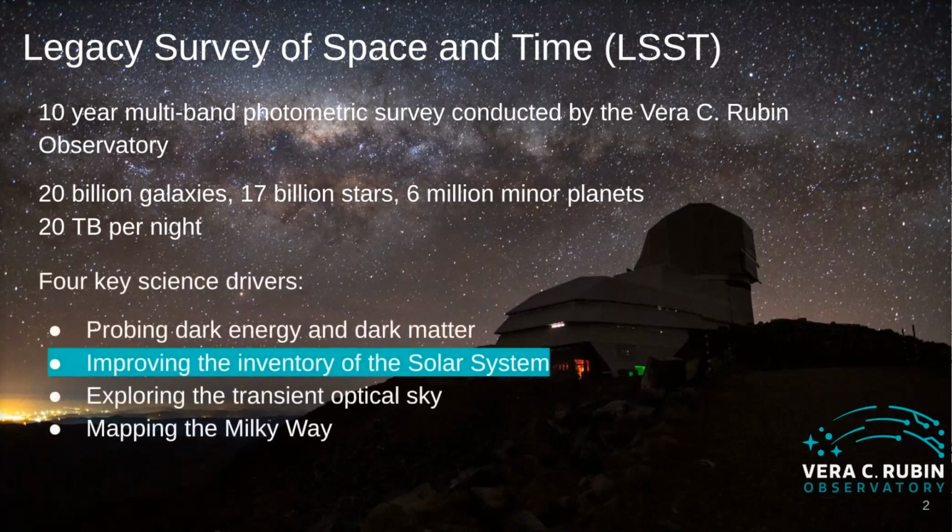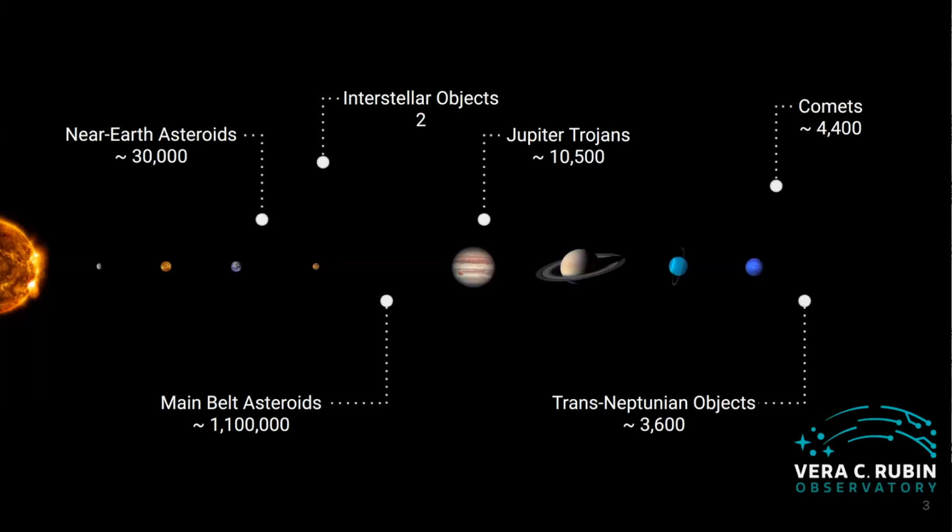There are 4 main science drivers for LSST. The one that is important in the context of this talk is the goal to be able to improve the inventory of small bodies across the solar system. So to try to quantify this for you, here are some of the numbers of the currently known objects in various dynamical small body populations across the solar system.